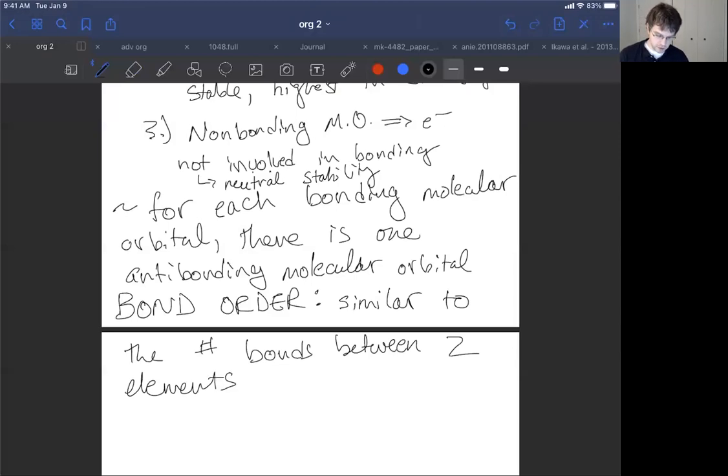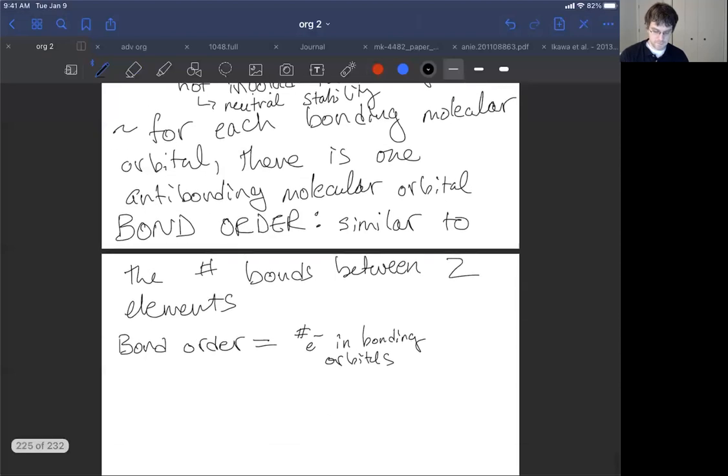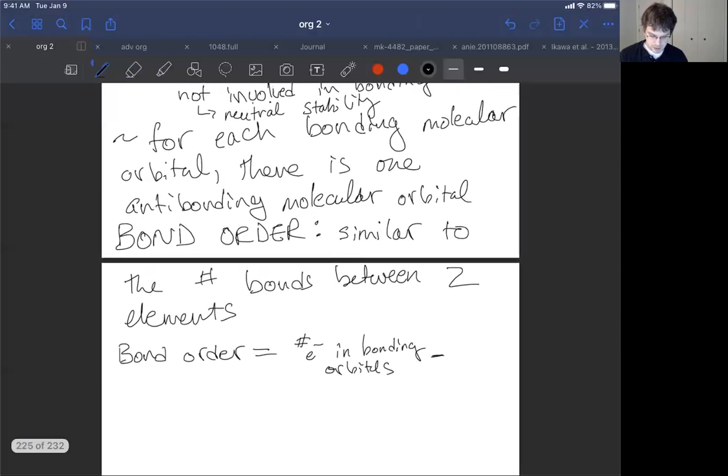Okay, so the bond order is equal to the number of electrons in bonding orbitals minus the number of electrons in anti-bonding orbitals.